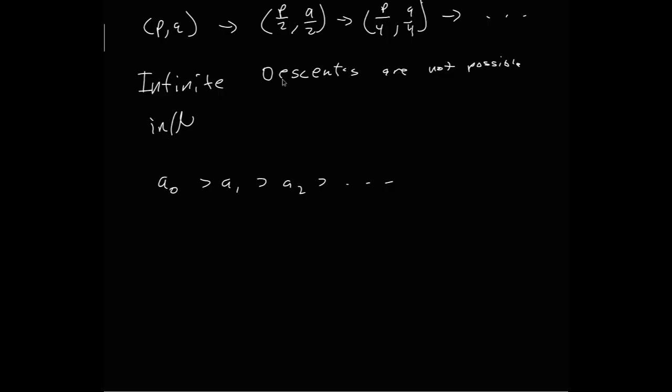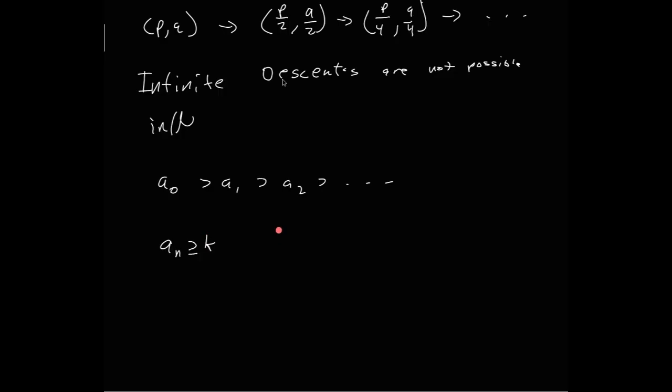So we can show this by induction, right? If we induct on k, we can show that a_n is greater than or equal to k for all n. How do we prove this?